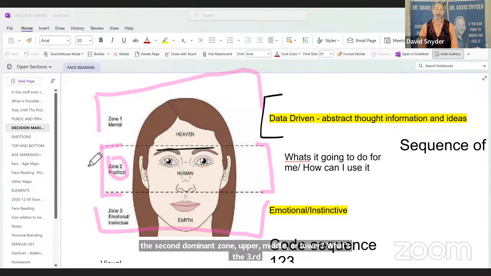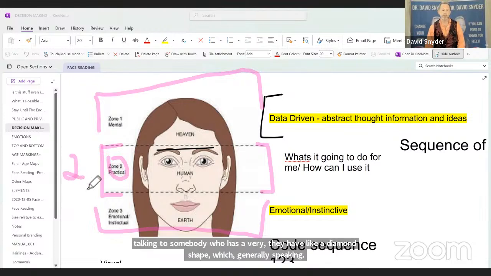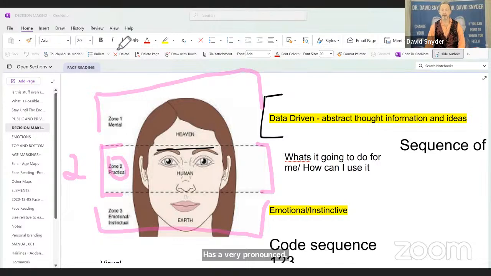So let's say we're talking to somebody who has a diamond-shaped face, which generally speaking has a very pronounced middle zone. They have a very pronounced middle zone. Let's make it simpler, because if I start changing it, you're going to get confused.